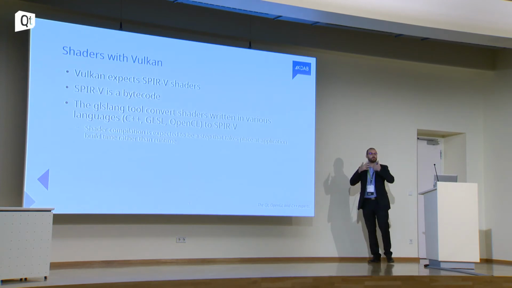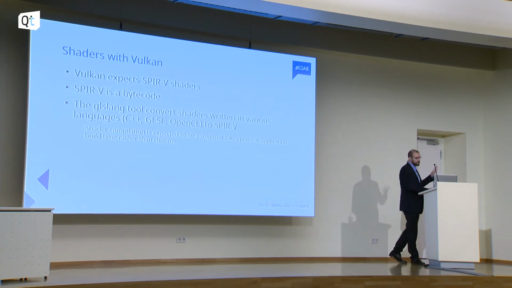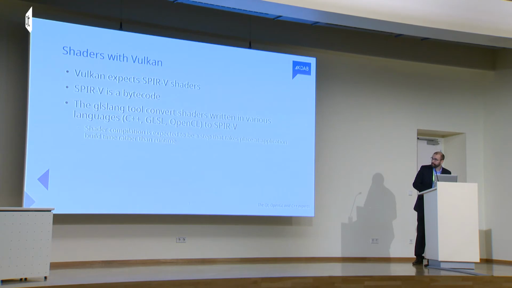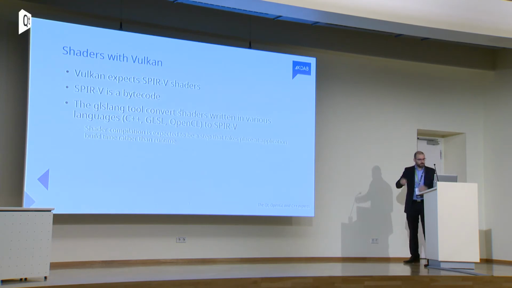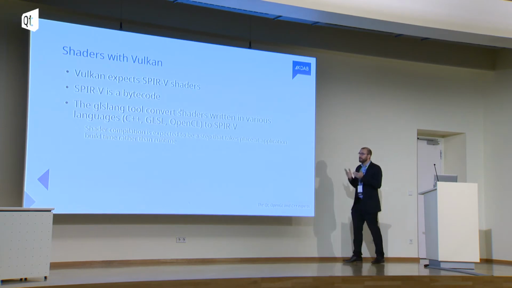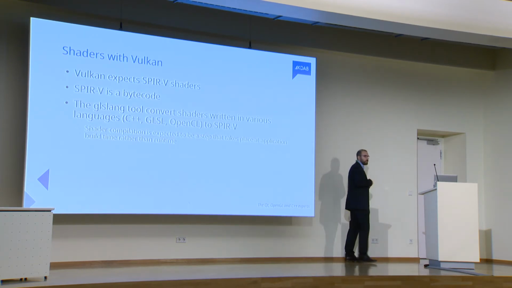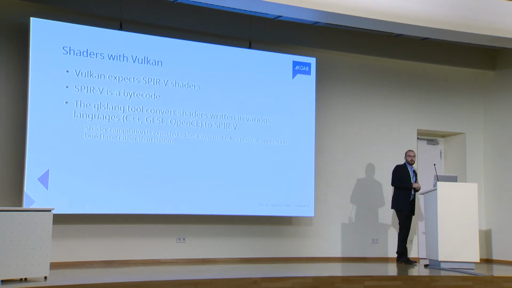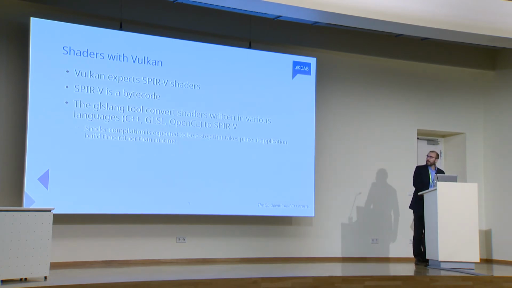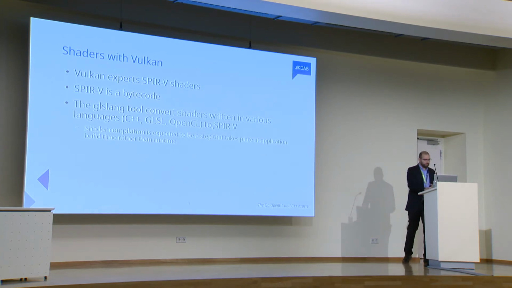That process has to take place beforehand, usually at build time, and you've got tooling around that to do so. The nice thing with that is that you're not stuck with GLSL anymore. You could use other programming languages as long as you're able to convert to SPIR-V afterwards.